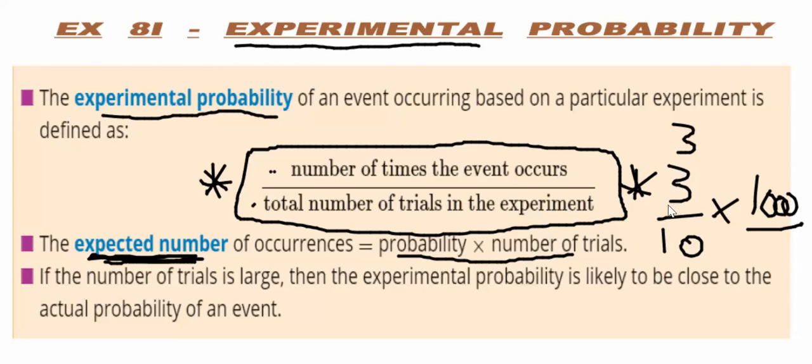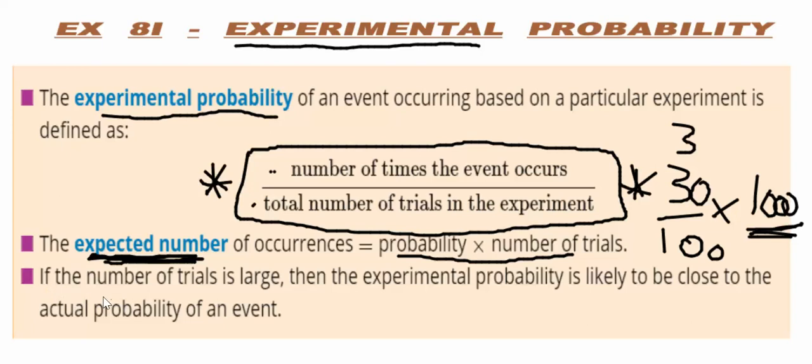Like I said, if we roll the die 100 times and the number 3 came up 30 times, and we want to know how many times 3 will come up in 1,000 trials, we multiply our actual result by 1,000, and then we expect it to come up this many times.